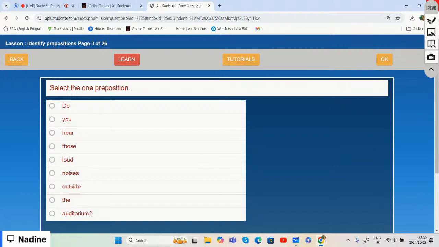The sixth one, option six, is noises. Do you want to say that noises is the preposition? Are you trying to say that noises is the preposition? Just want to confirm.